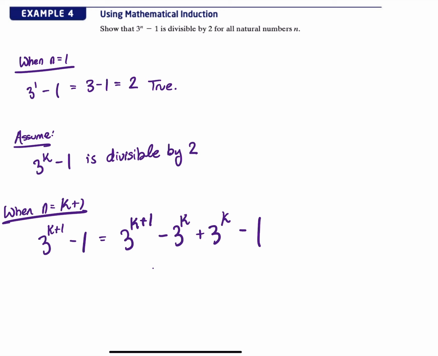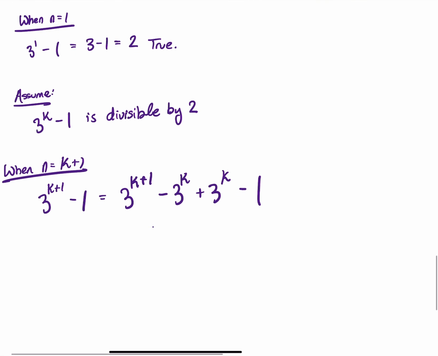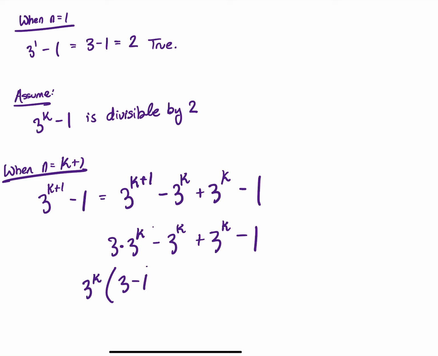Well, now the first two terms both have 3 to the power k in common. It might be helpful to write out the first term as 3 times 3 to the power k. Let's imagine if we factor out 3 to the power k out of the first two terms, we would get 3 minus 1 left over.